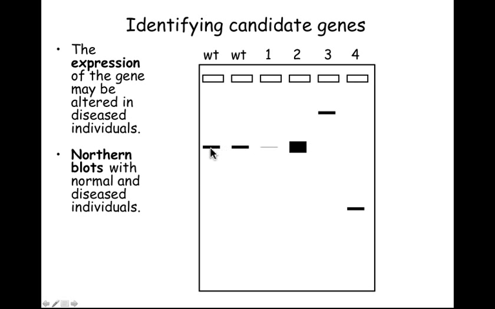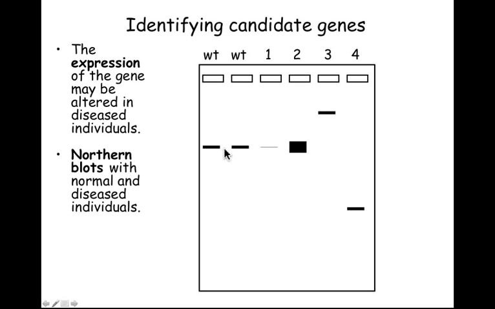And if you probe with a given gene, you can find lots of different pieces of information. So in wild-type we get a certain band of a certain size and a certain density. How dark these bands are tells you something about the expression level of the gene, whereas the position up and down tells you about the size. Smaller fragments are at the bottom, larger fragments are at the top.